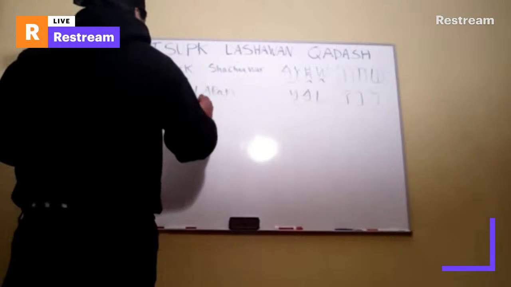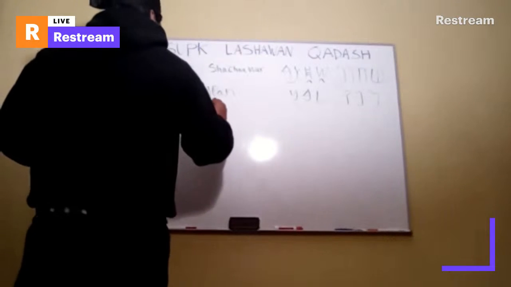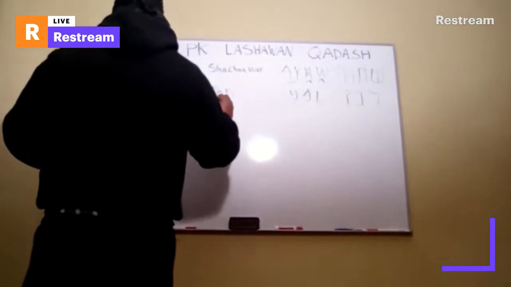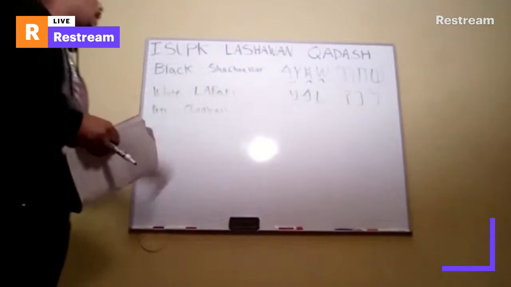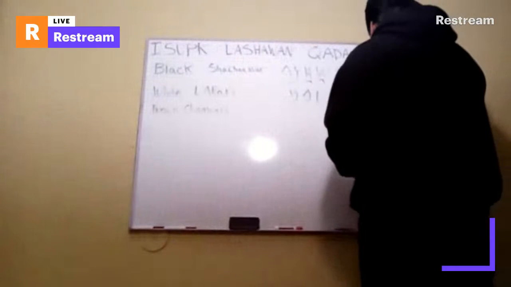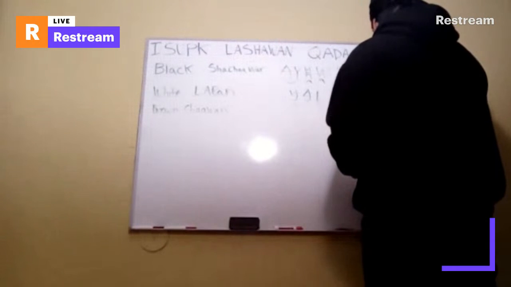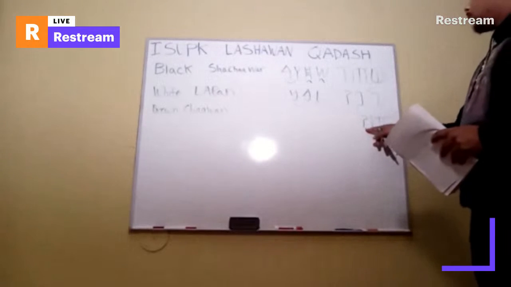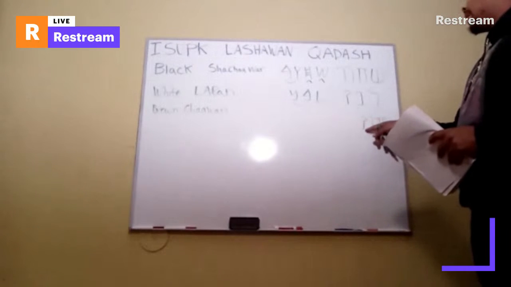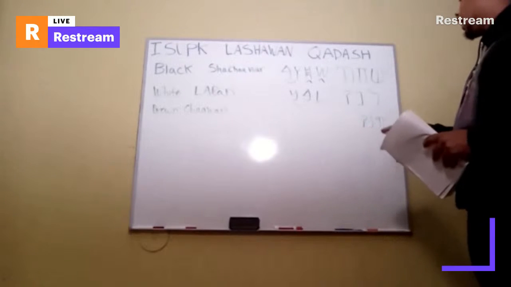Next is brown, or Kawan in the Lashon Kodash. Kawan, brown. All right? There's going to be another sound at the end of the word that looks kind of like a question mark.